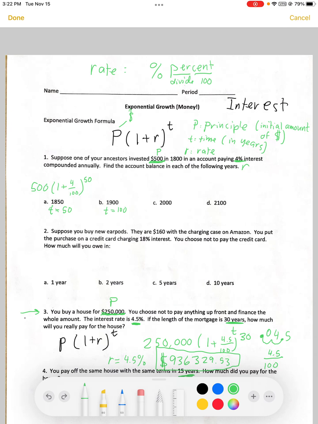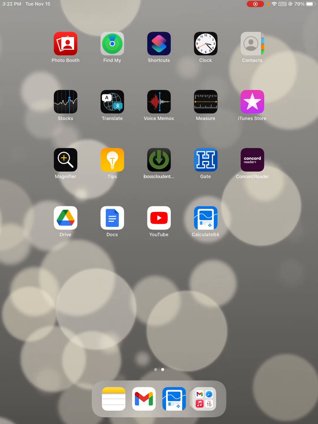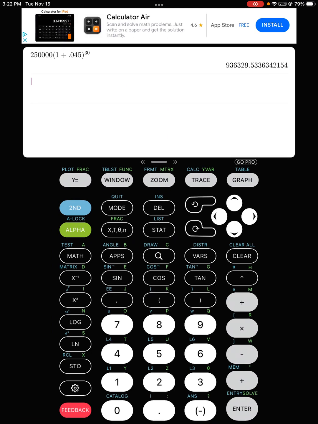We could type that into a calculator. I'm going to go ahead and do some math here. 4 divided by 100 will be 0.04. So then we can go over to our calculator and type in 500 times 1 plus 0.04 and raise that to the 50th power. Use your exponent button there.